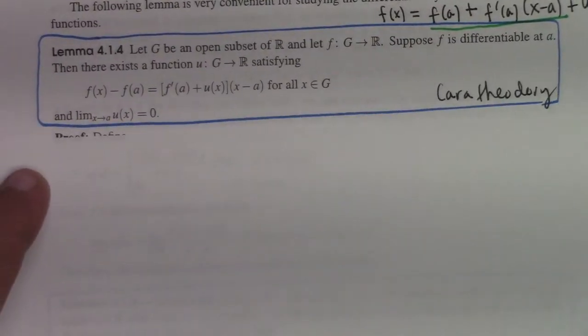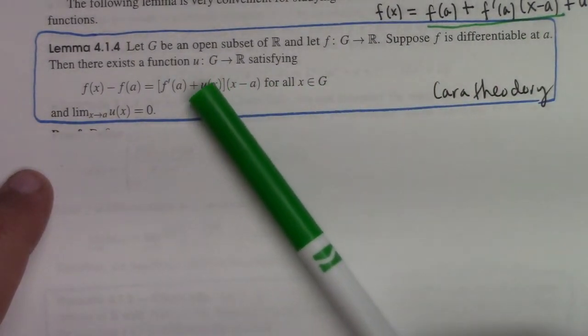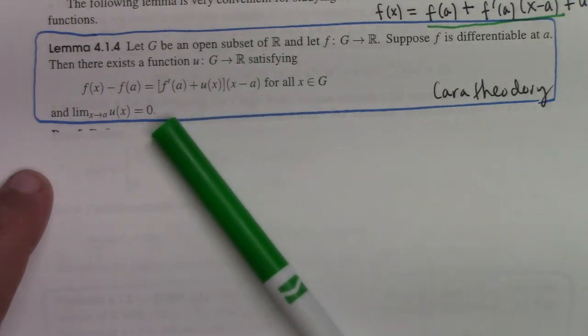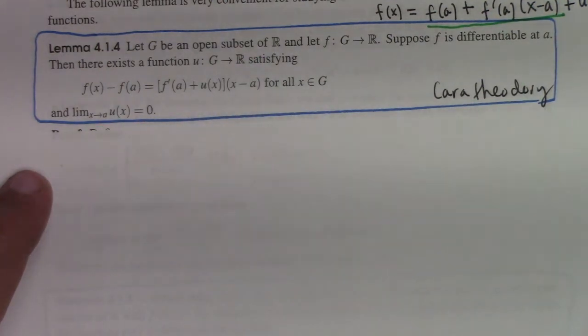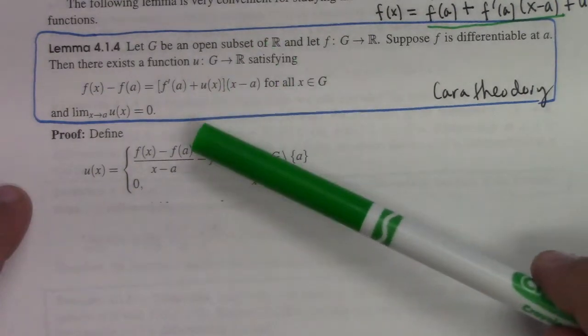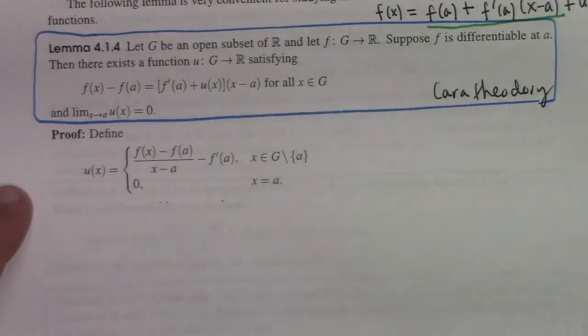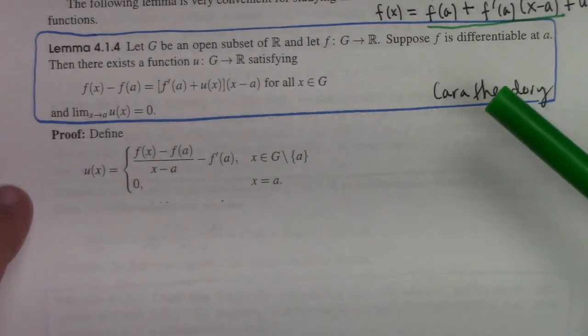So the lemma: there exists this u of x from g to R which satisfies the limit as x approaches a of u of x equal to 0. So here's the proof. He says just let u of x equal the difference quotient minus the derivative for x not equal to a, and let it be 0 for a.